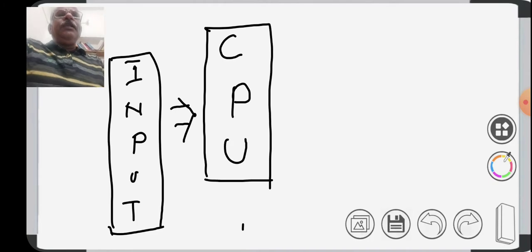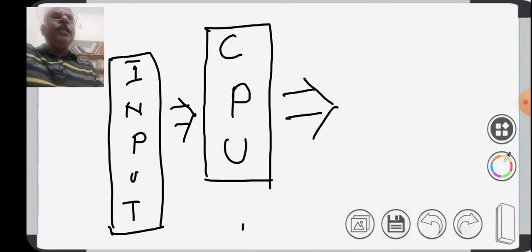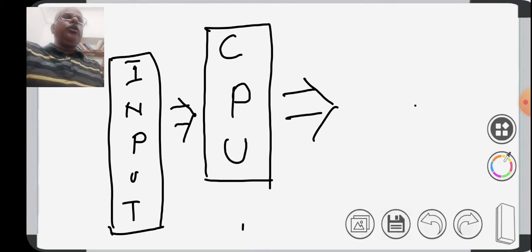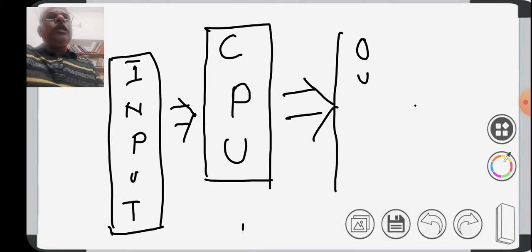The result will be generated, and those results must be given out. Look at the direction of the data. Now the results are coming out, so the direction is from the central processing unit to the outer world, and the results are given to the output devices.